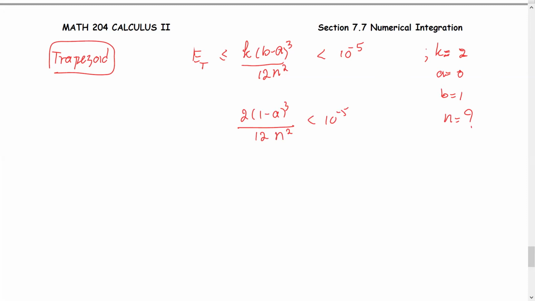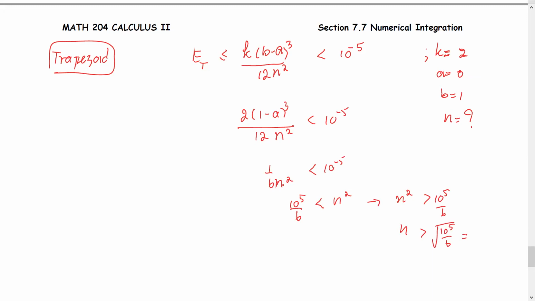Similar to what we solved in the previous part, it's going to be 1 over 6 times n squared less than 10 to the negative fifth, or 10 to the fifth over 6 less than n squared. So we write it as n squared greater than 10 to the fifth over 6, and n is greater than the square root of 10 to the fifth over 6.